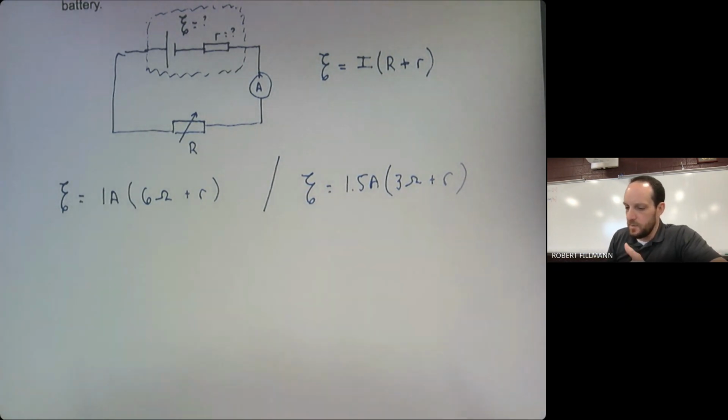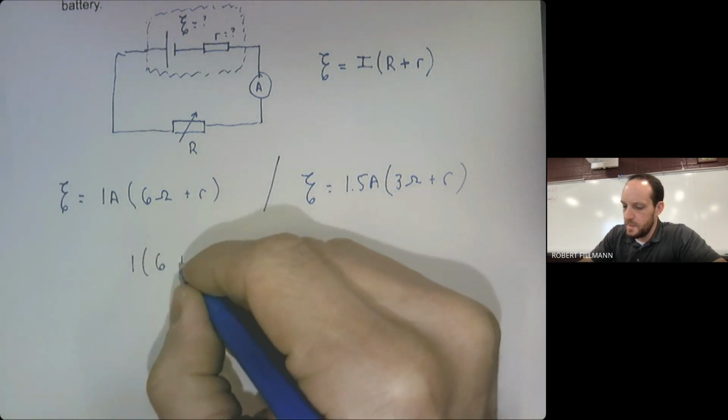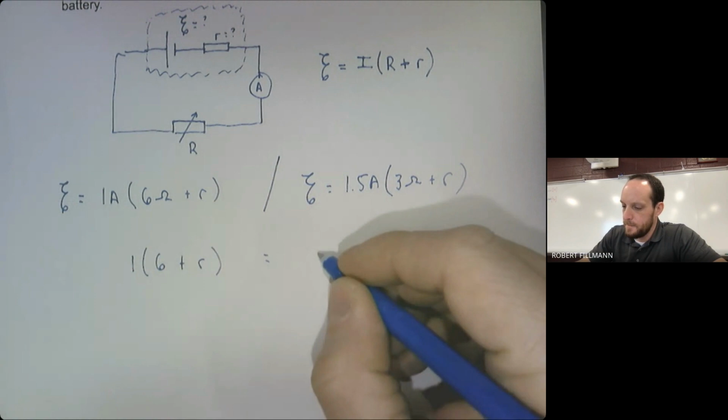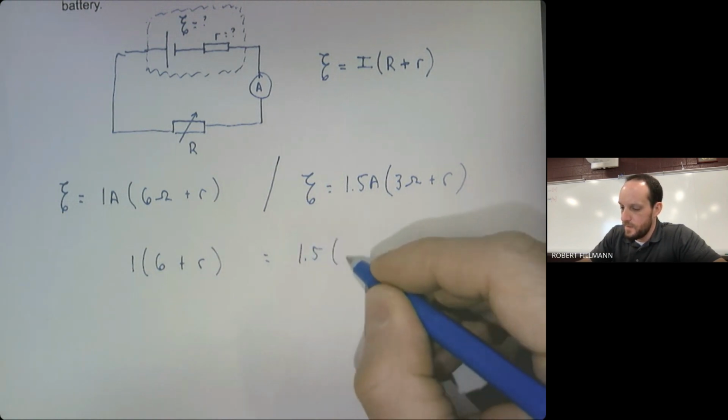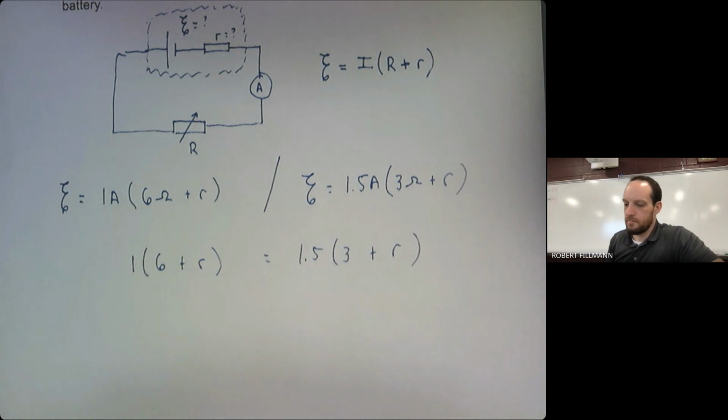Since the EMF is equal to both of these things, I can just set them equal to each other. So basically 1 times (6 plus little r) equals 1.5 times (3 plus little r). And we can solve for what little r is.